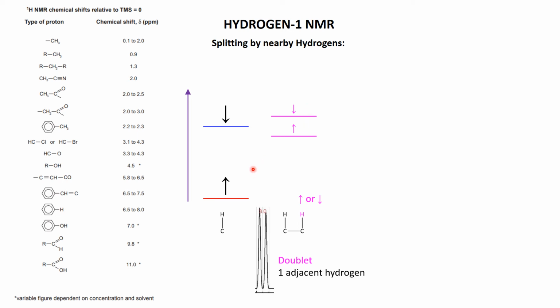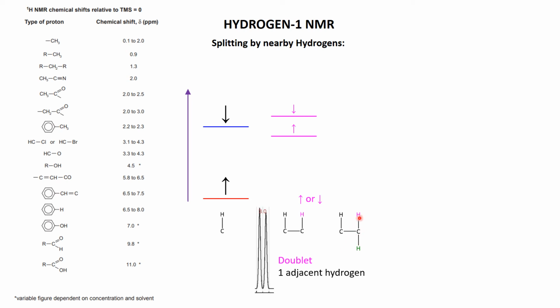Now let's make it a little bit more complicated, and now think about a situation in which this hydrogen here, this is the one we're interested in, has not one adjacent hydrogen but two adjacent hydrogens. So here now we've got this carbon next to the carbon that has our hydrogen of interest. It's got both a pink and a green. Now pink and green are equivalent, but I'm going to put them different colors just to make it clear what's going on.